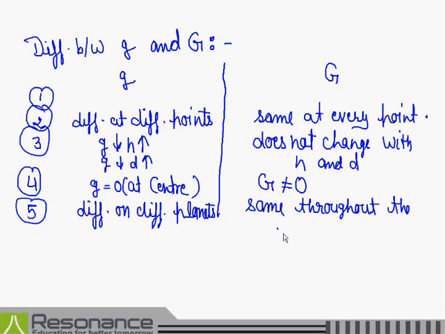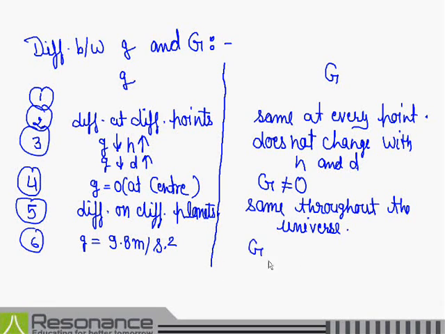Last point, the value of g on the surface of earth is 9.8 meter per second square, while the value of capital G equals 6.67 into 10 to the power minus 11 Newton meter square per kilogram square throughout the universe.